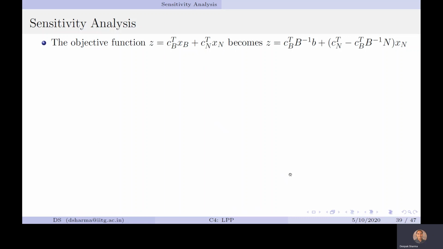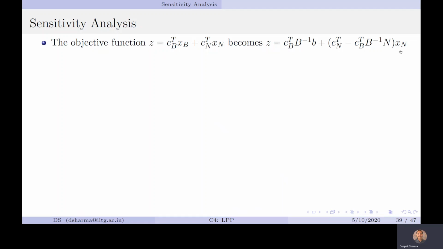Similarly, let us include this xB value, which we found in the last slide, in our objective function. Since the objective function is already written in two forms, we substitute the value of xB. By simplifying that, you can see that we have a constant term, CB transpose B inverse b, plus the term inside the bracket that is multiplied by xN.